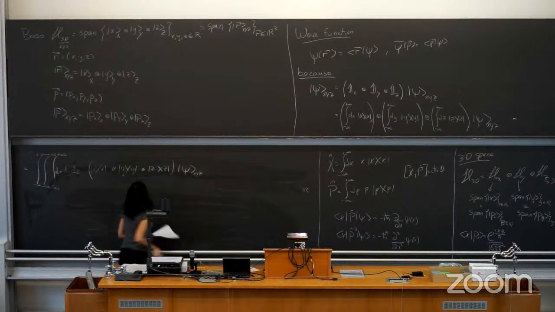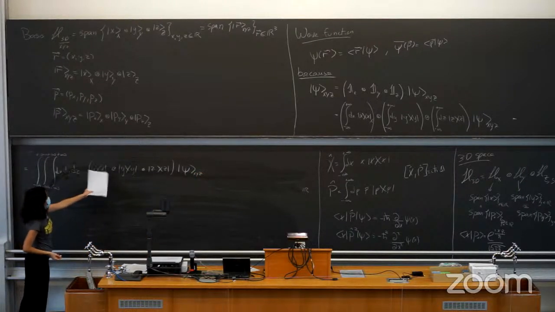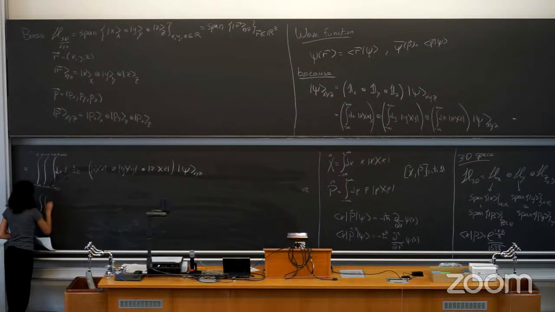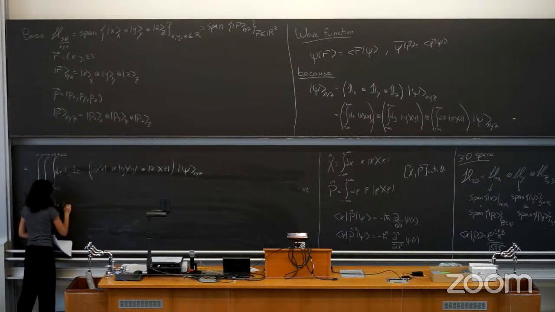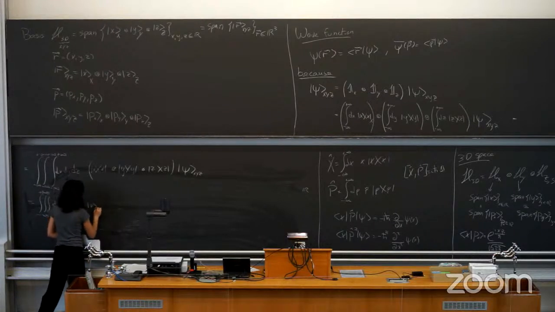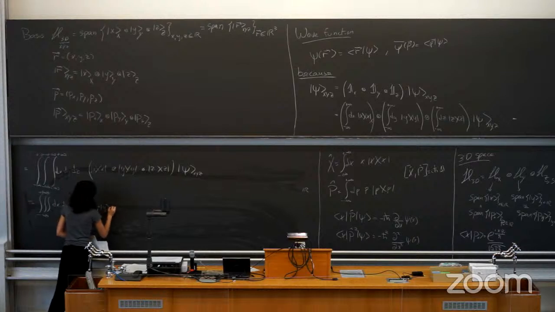Okay. And now, if you remember how the inner product works, we can split this thing. So I put the 3 integrals here. They're all from minus infinity to plus infinity. So we have here x tensor y tensor z.